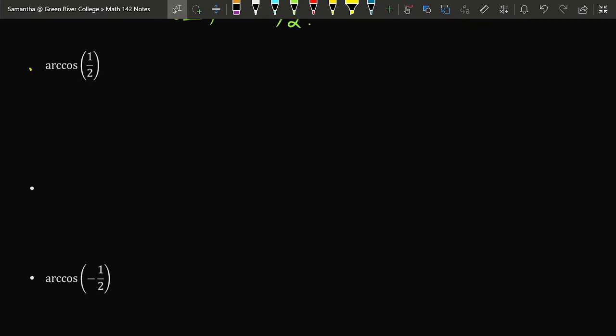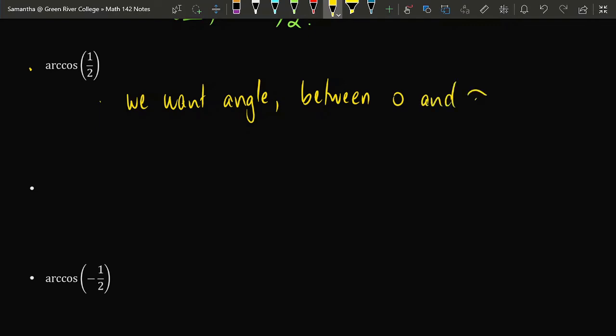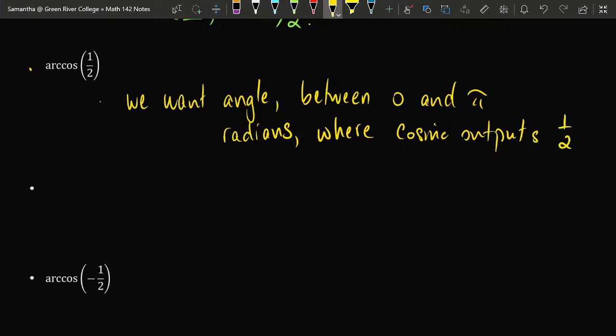Let's evaluate arc cosine at 1/2. So we want angle specifically between 0 and pi radians where cosine outputs this given 1/2. So let's go back to that unit circle reference image that we introduced in video 4.